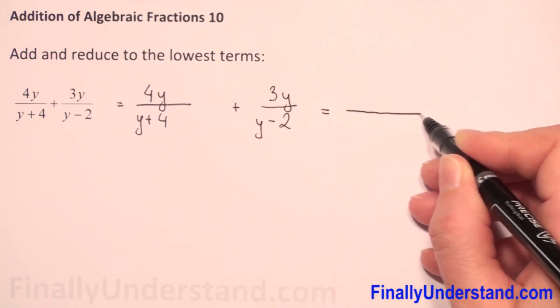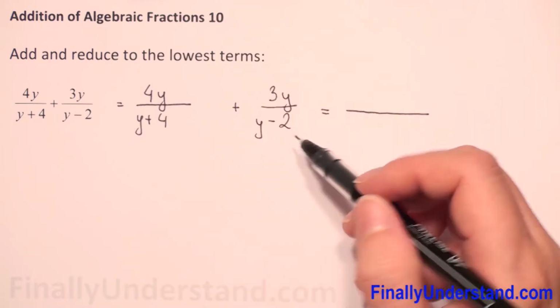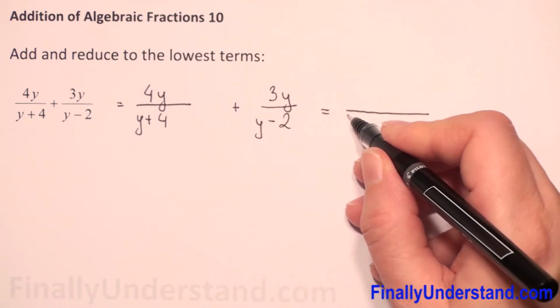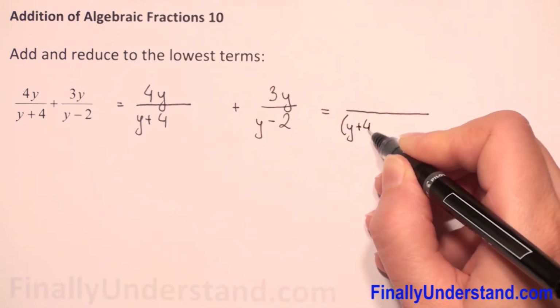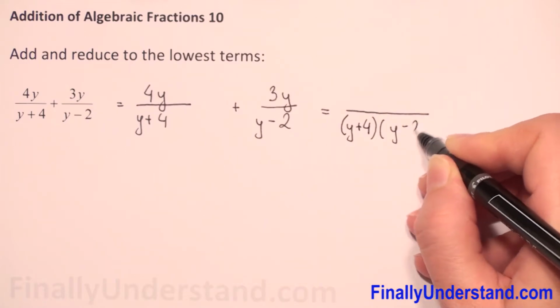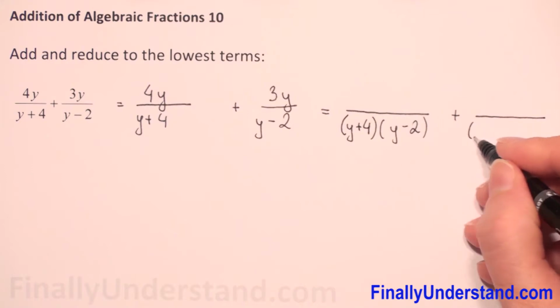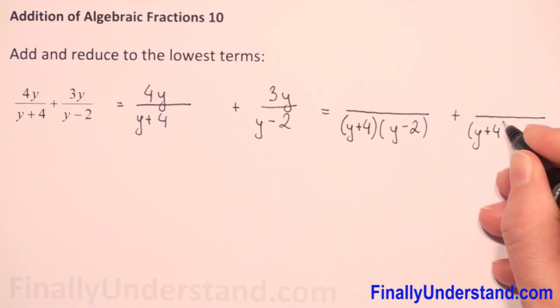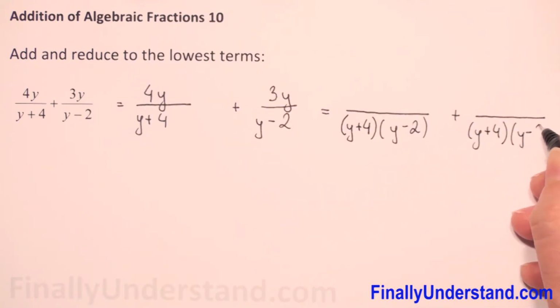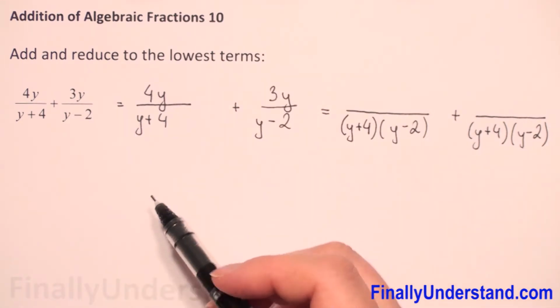Like I said, the least common denominator for these two algebraic fractions will be y plus 4 times y minus 2. So we have the same denominator, y plus 4 times y minus 2. Next, let's check.